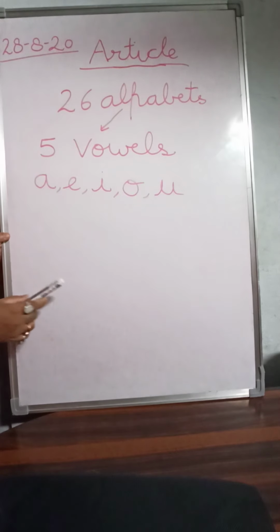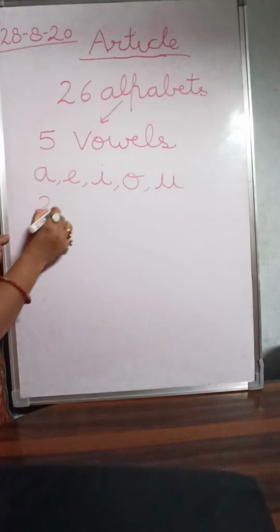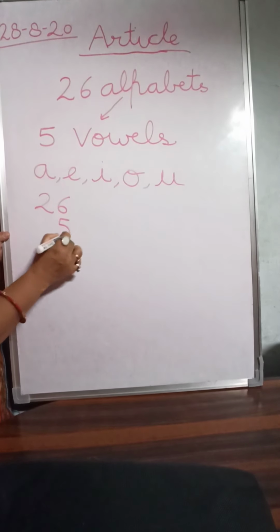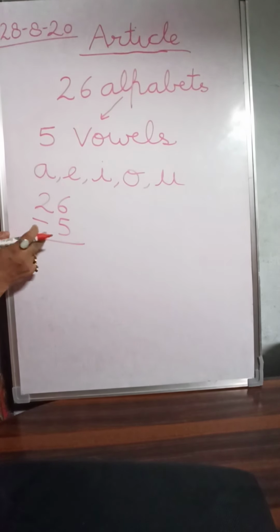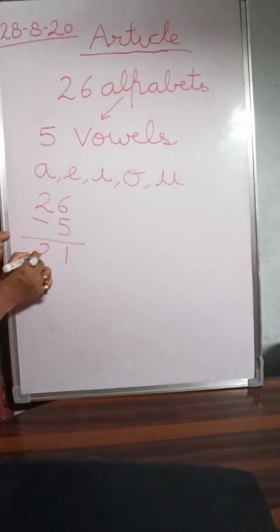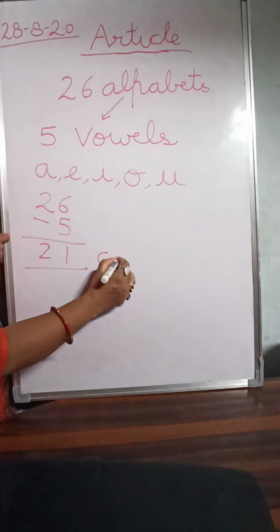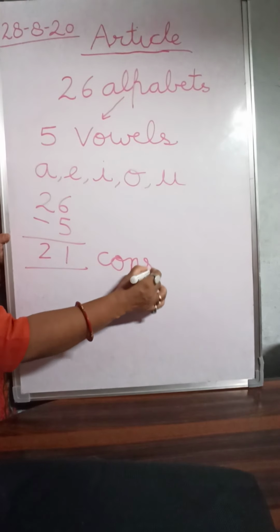If you subtract 5 from 26, we will get 21. So friends, these 21 alphabets are known as consonants.